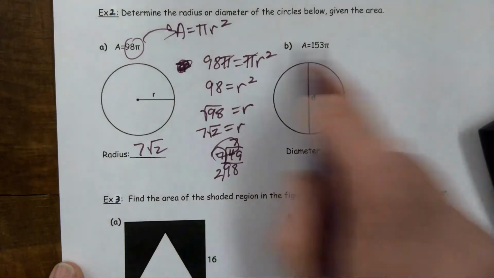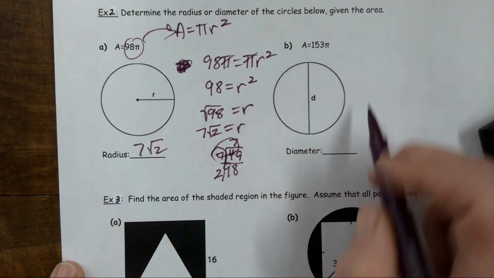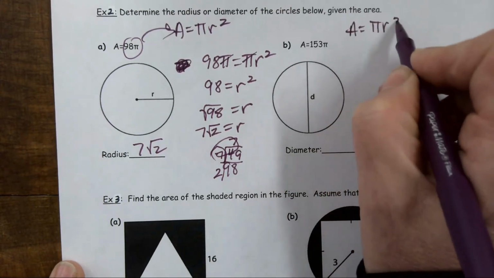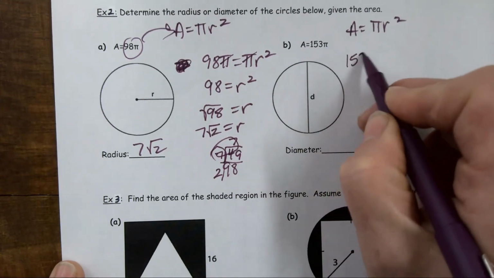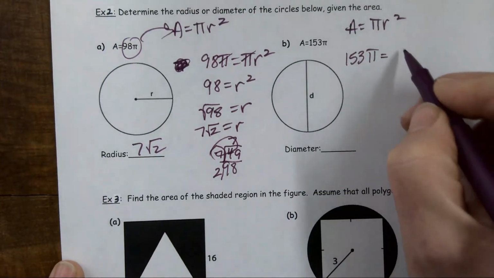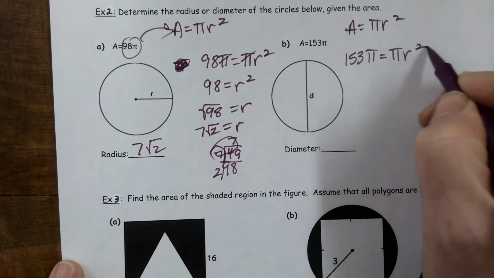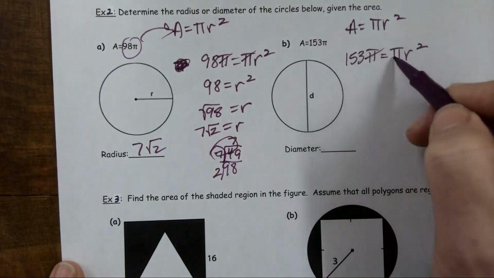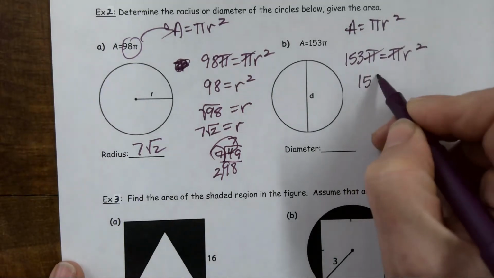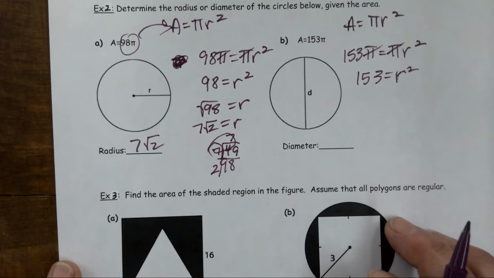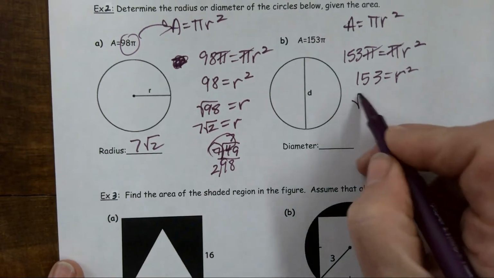So let's go through the same concept here. The area is 153, and area equals pi r squared. So 153 pi is equal to pi r squared. What happens to the pi's? Gone and gone. That's simple. 153 is the radius squared. Square root.